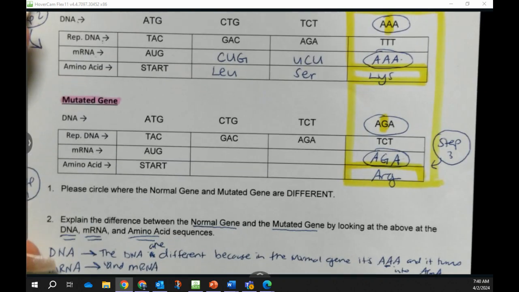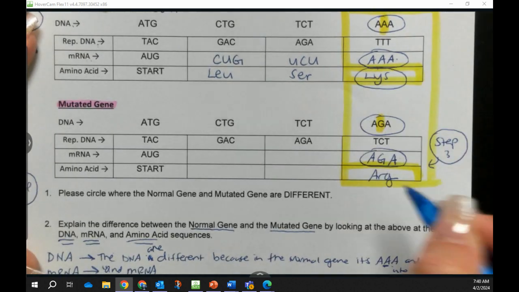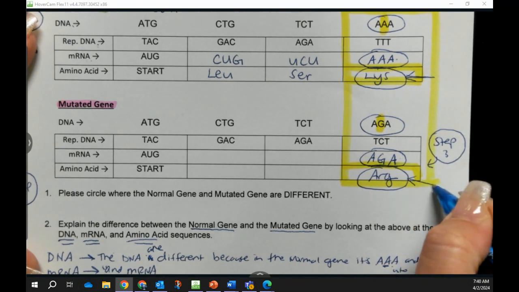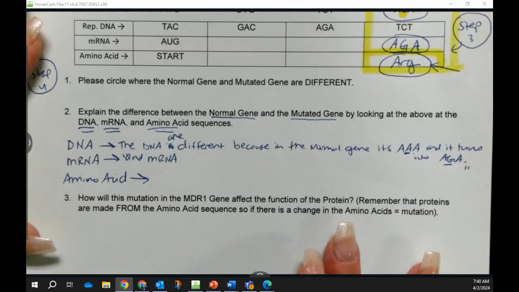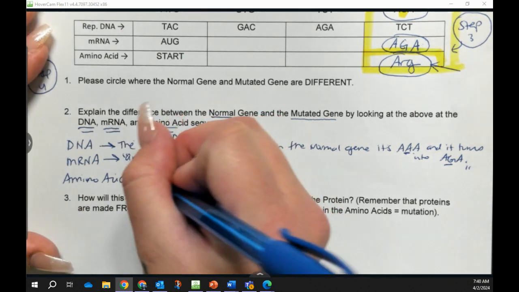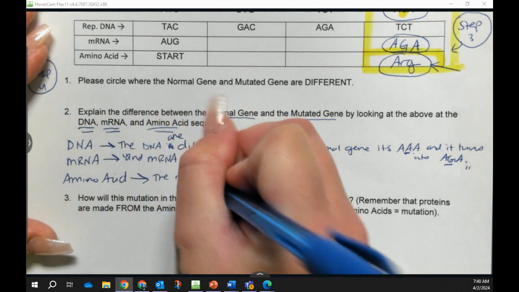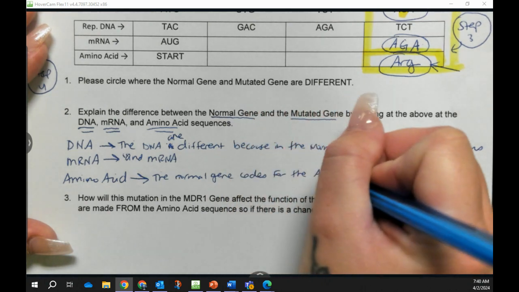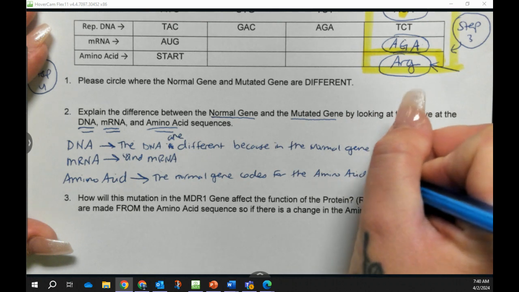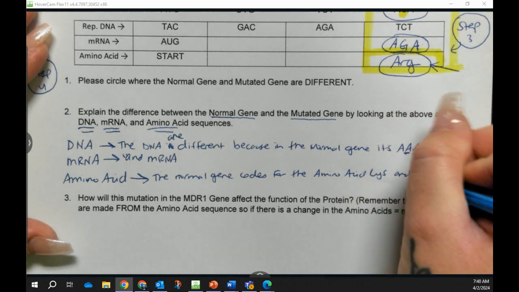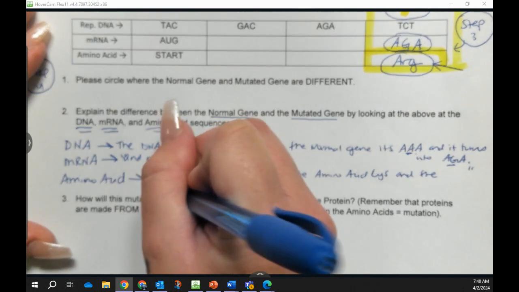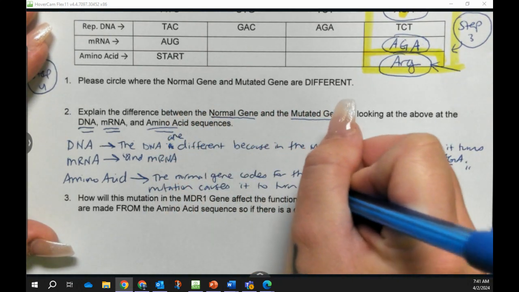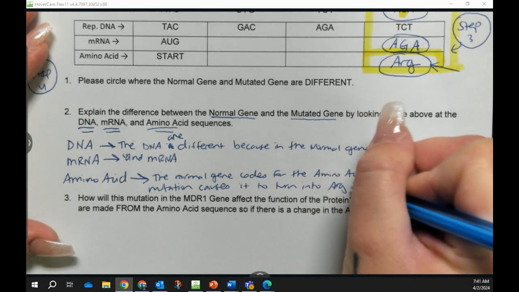Now, when we look at our amino acid, originally it's a lysine and then it turns into arginine. So we're going to explain that. The normal gene codes for the amino acid lys, and the mutation causes it to turn into arg.